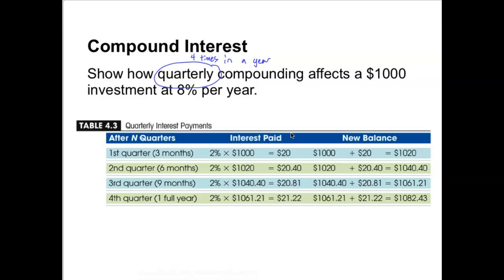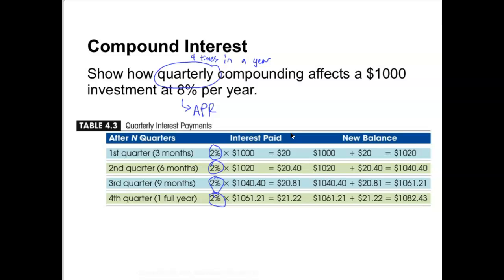So if your APR, your annual percentage rate is 8%, but you're going to collect interest at 4 different points during the year, that means you would have to divide that APR by 4, so 8 divided by 4 is 2. You're going to collect interest of 2% 4 times throughout the year.